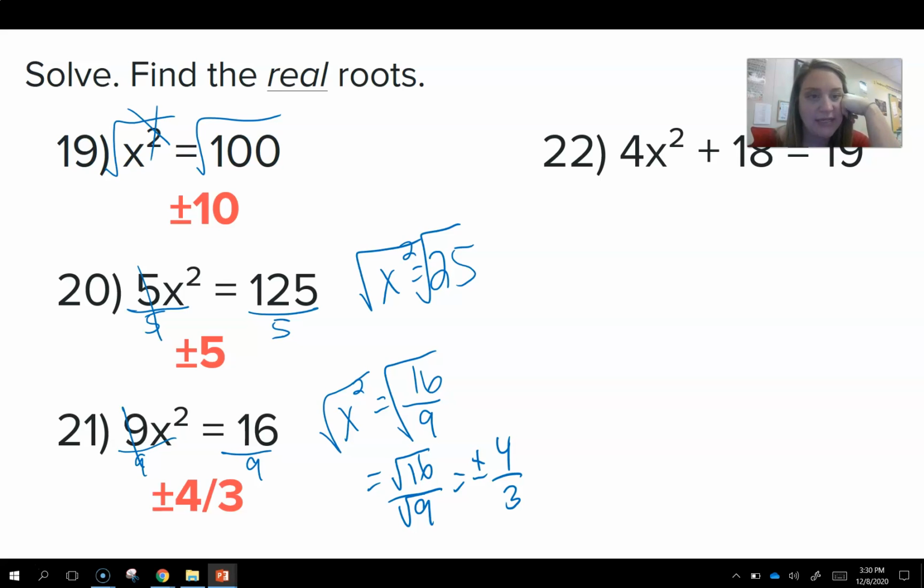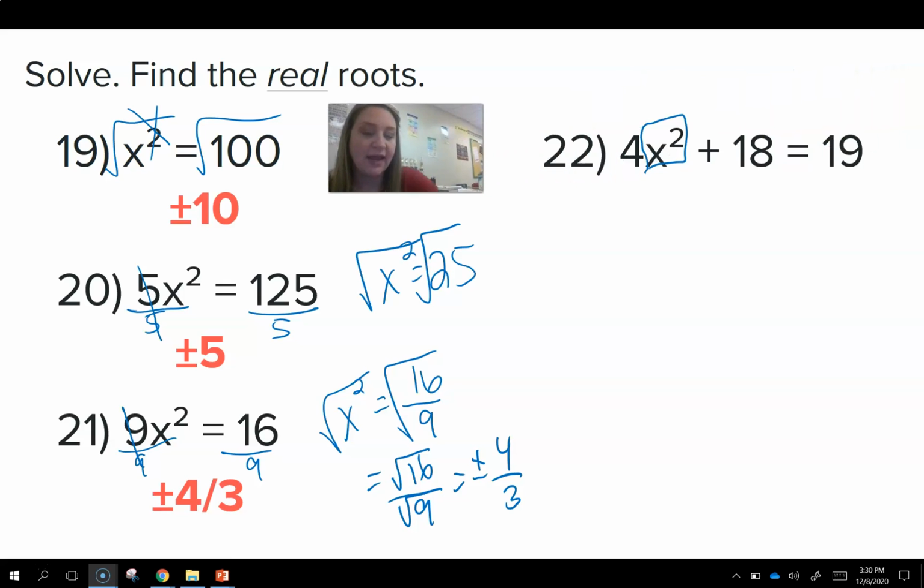Number 22, we got some stuff to move, because remember, I can't do anything until this piece right here is by itself. So I have an 18 in my way. I also have a 4 in my way. So the first thing I'm going to have to do is subtract the 18. That's going to give me 4x squared is equal to 1.